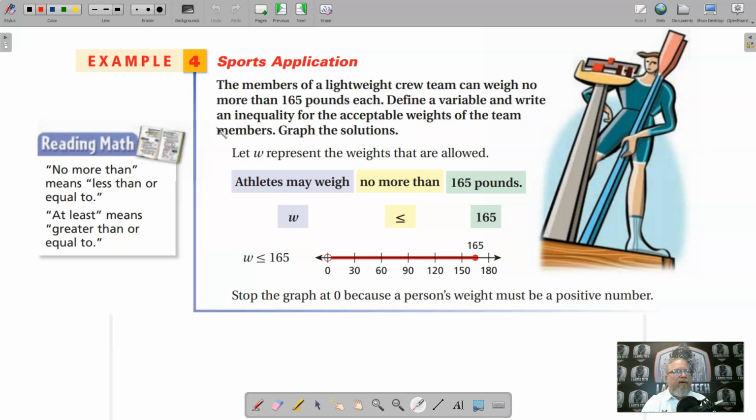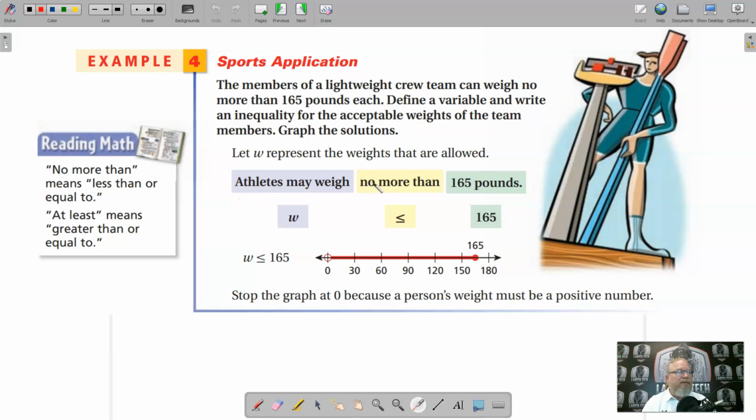Define a variable and write an inequality for the acceptable weights of the team members and graph the solutions. We're going to let W represent the weights that are allowed. Good variable to choose. Weight starts with the letter W, so use the variable W. Good practice to get into: pick a variable that represents whatever it is that you want, especially if you're working with a word problem.